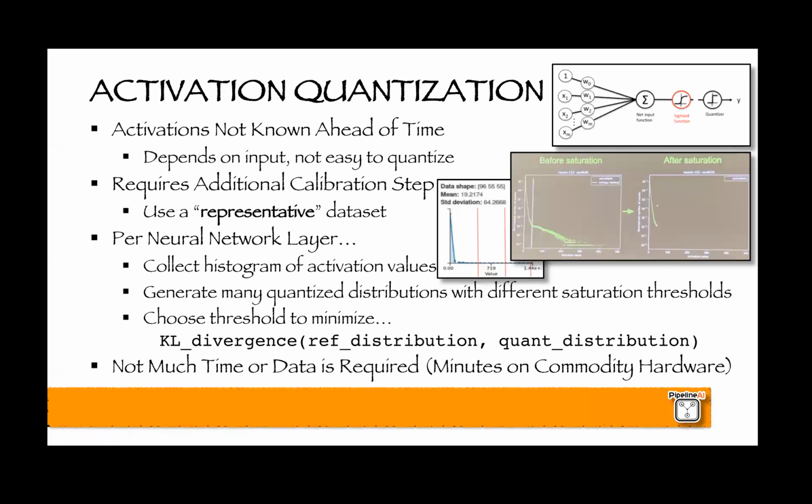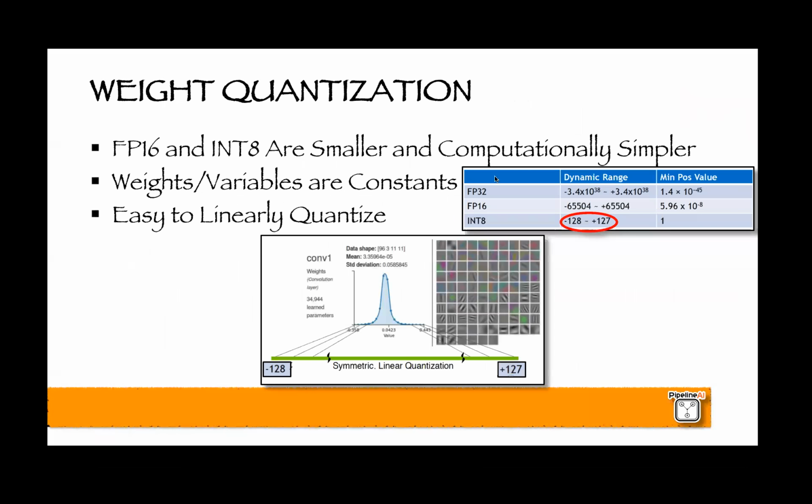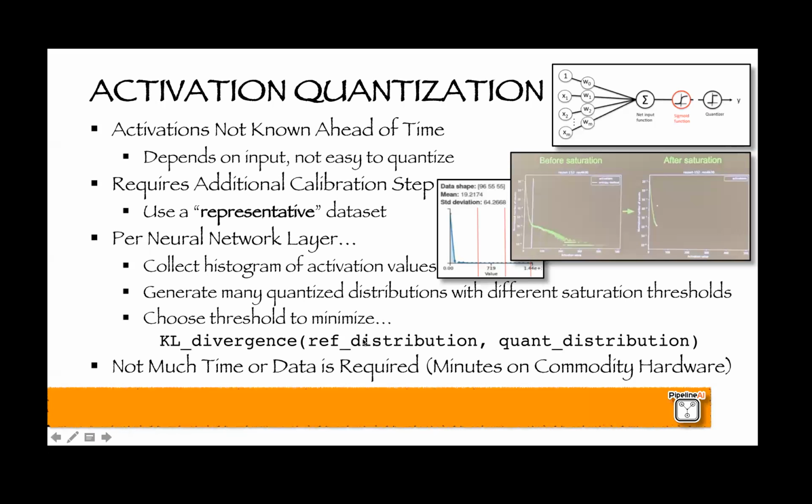One thing to note about activation quantization is it depends on X. You might have already realized this: for weight quantization, we knew all the weights up front, so we knew this whole distribution.